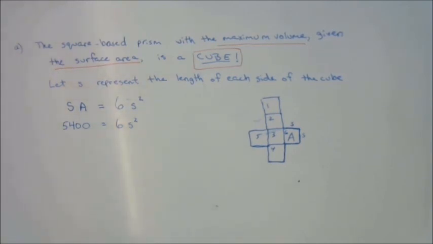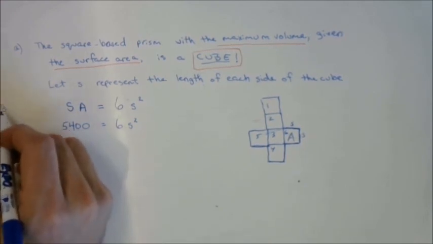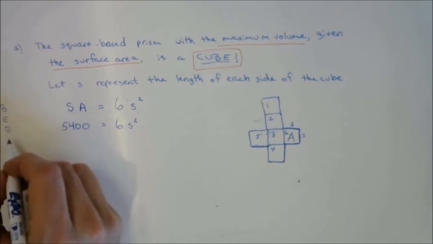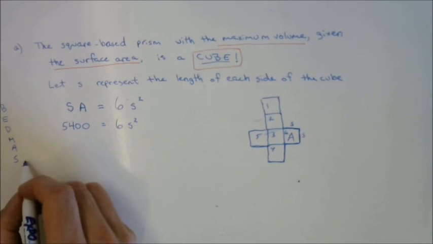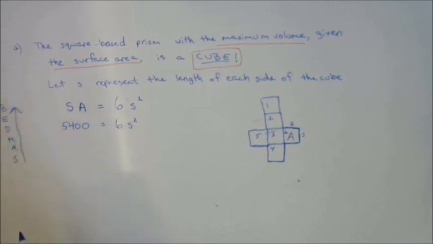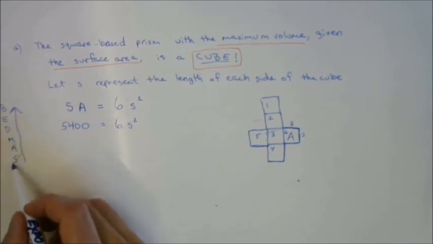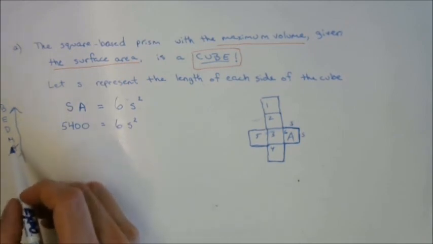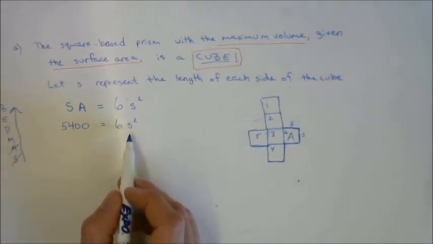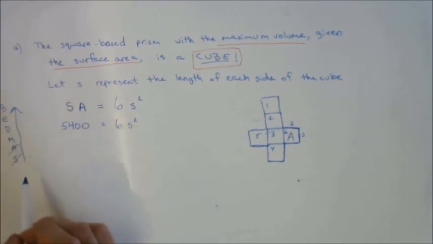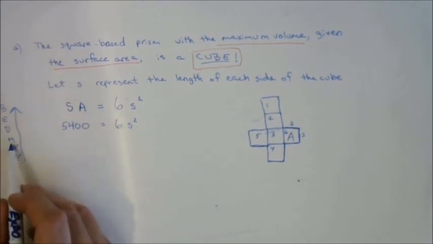Okay, a little bit of algebra here. We want to figure out what S is. What is the first thing I can strip away from S squared? Whenever we're solving for a variable, we use BEDMAS backwards. So there's nothing to subtract or add. There is multiplication.